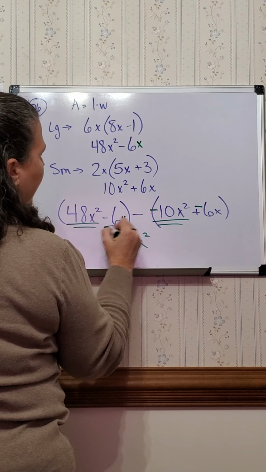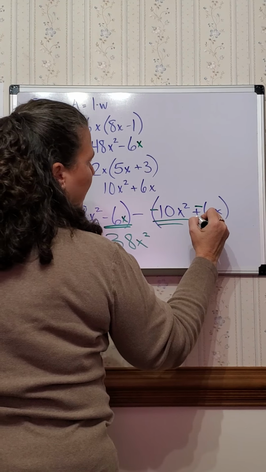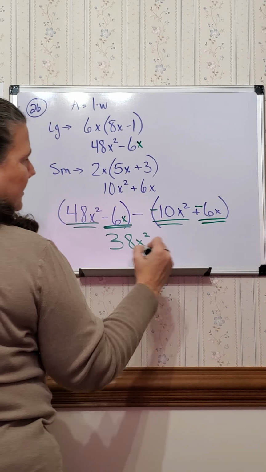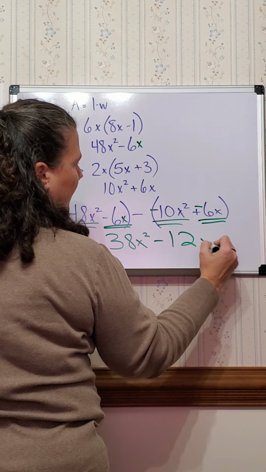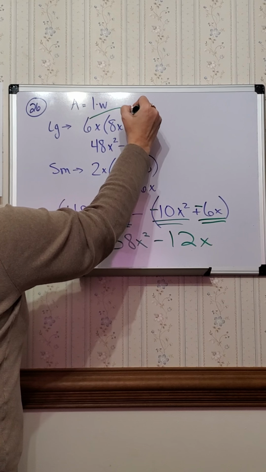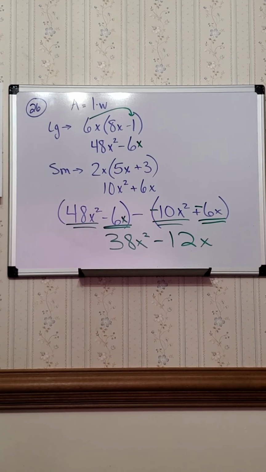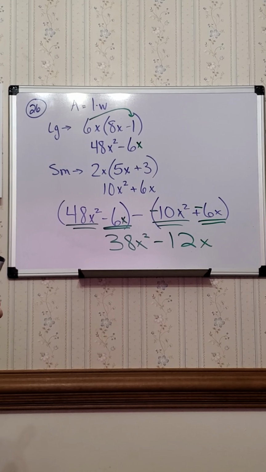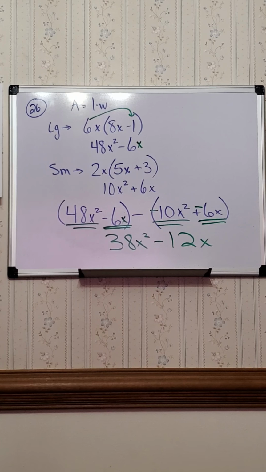Then I've got a -6x and a -6x, so that's going to be -12x. Sorry about that. When we distributed right here, we should have had a 6x. So there's our answer, 38x squared minus 12x.